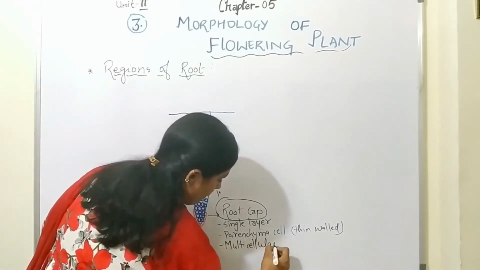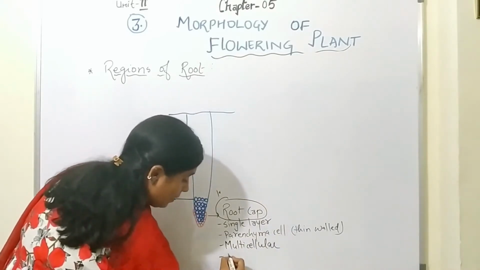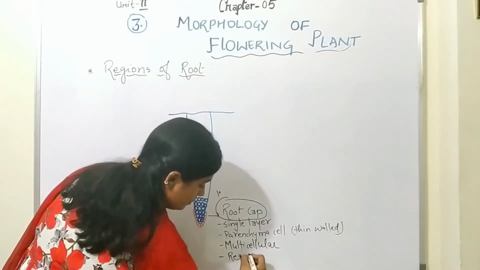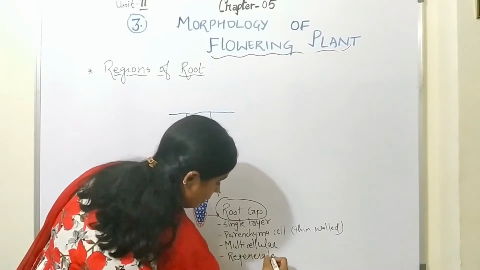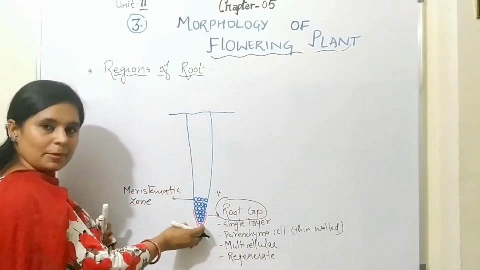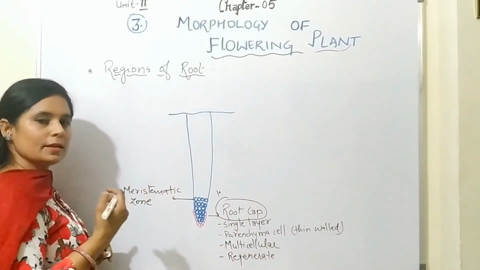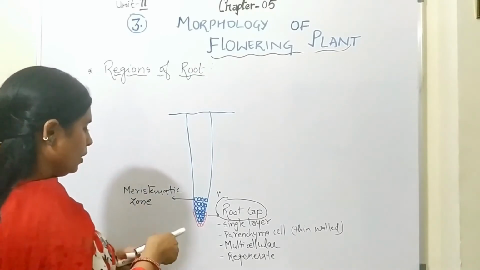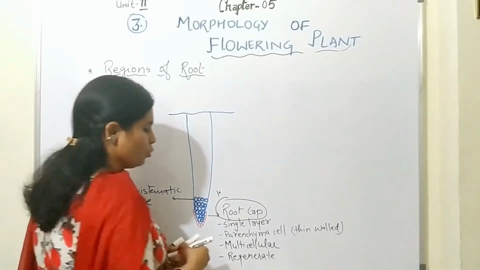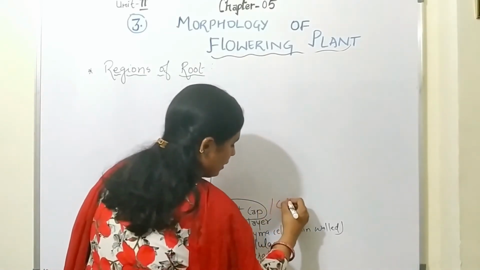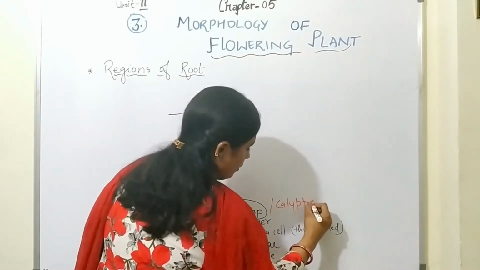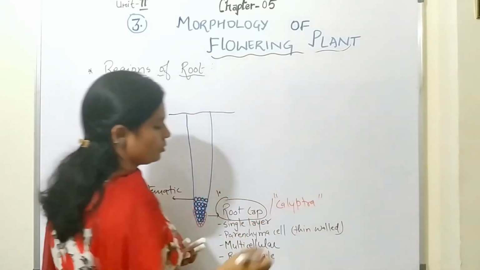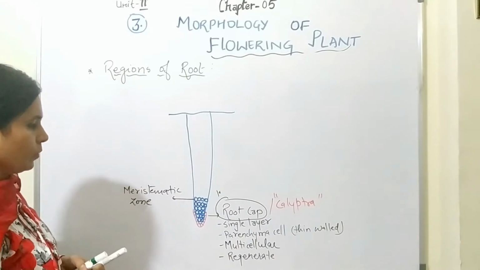They can regenerate. Fine. If there is any damage to that, it can regenerate. You can also call the root cap calyptra. Fine. So root cap is also known as calyptra.